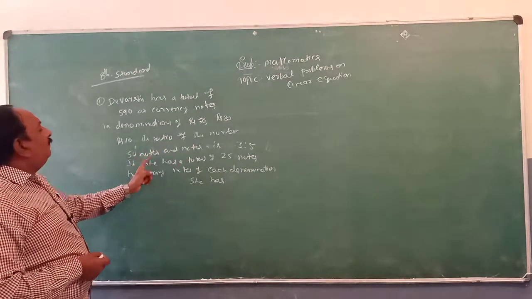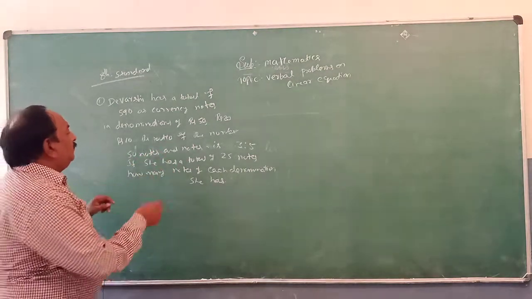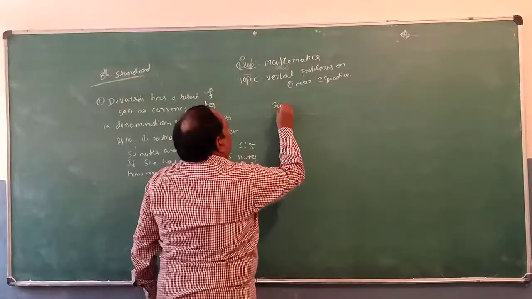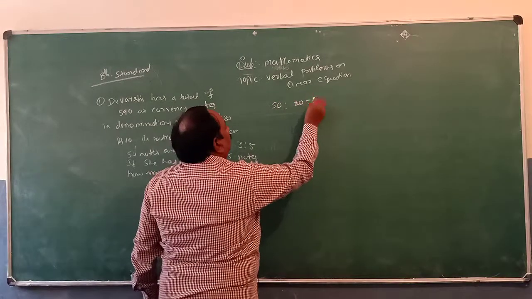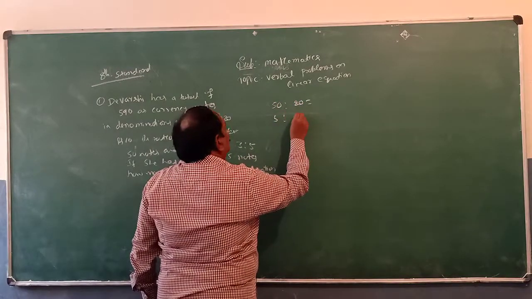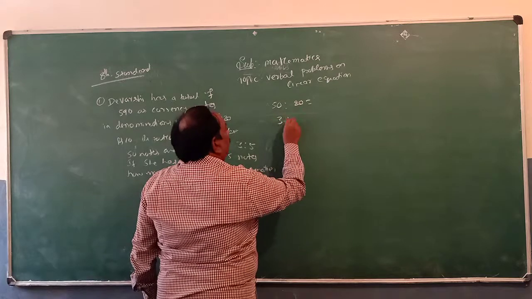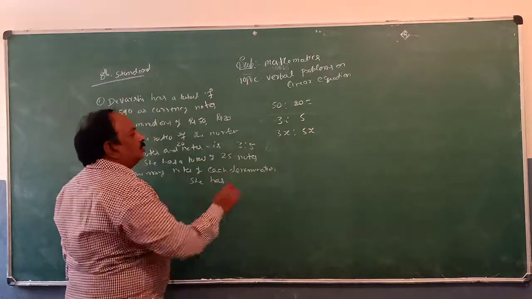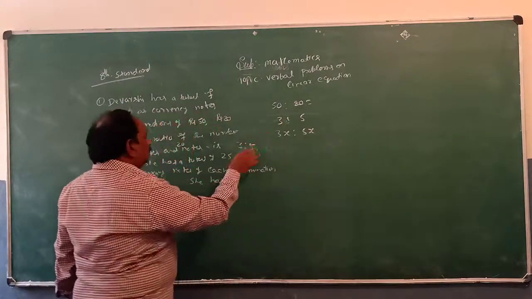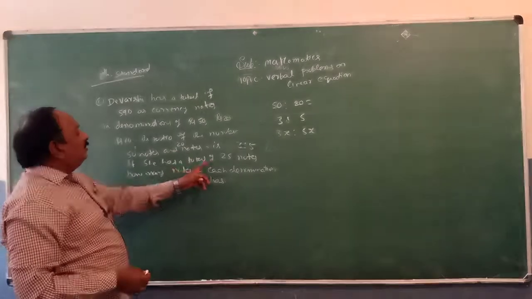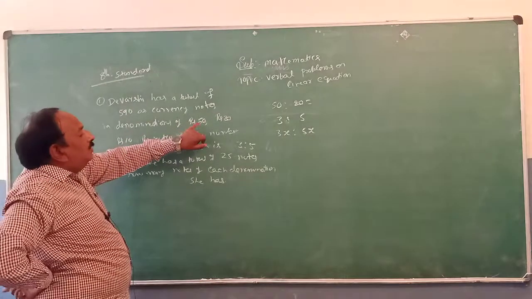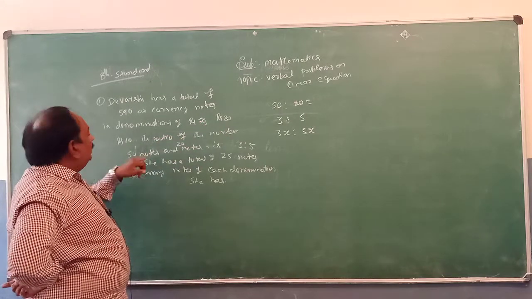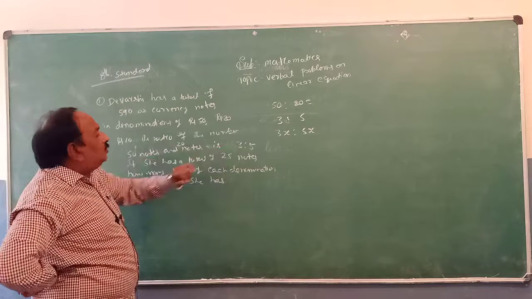The ratio of the number of 50 notes and 20 notes is 3:5. 50 notes is to 20 notes is 3:5. It means to say that 3x is to 5x. There are 3 denominations: 50 notes, 20 notes, 10 notes.